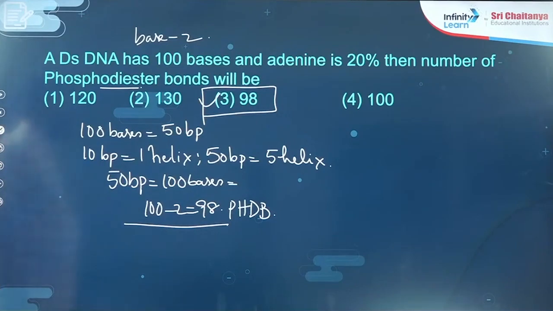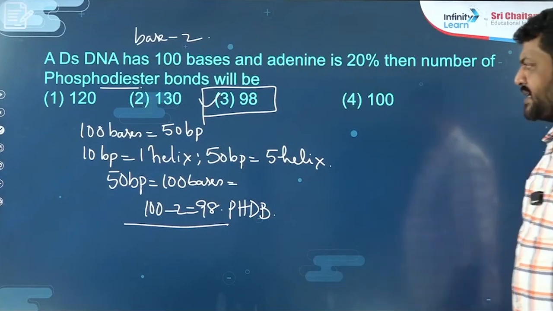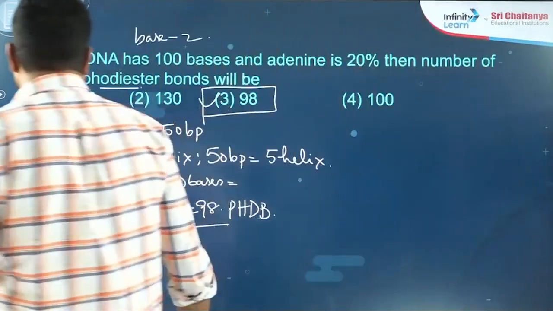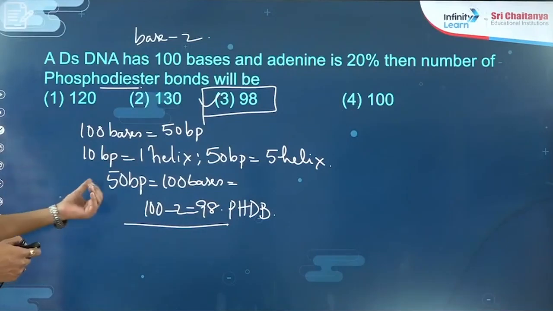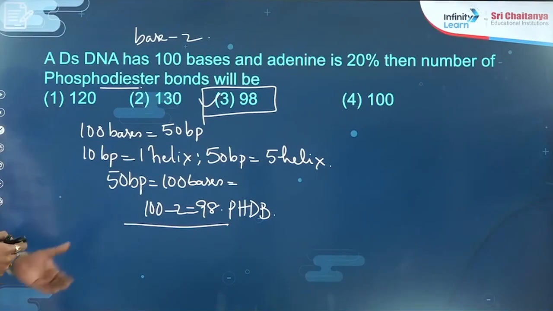Madhumita, your answer is correct. 98 phosphodiester bonds. We are going to the next slide. If you have any doubt, please go backward in the video and write down the notes when and where it is required.